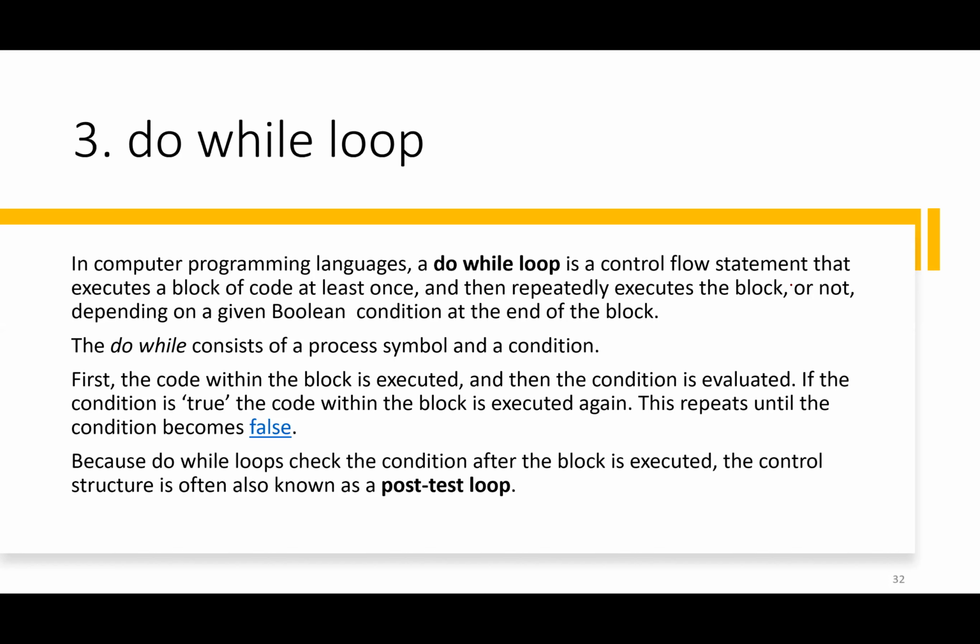The do while consists of a process symbol and a condition. First the code within the block is executed, and then the condition is evaluated. So the for loop and the while loop are called pre-test loops, while the do while loop is called a post-test loop.